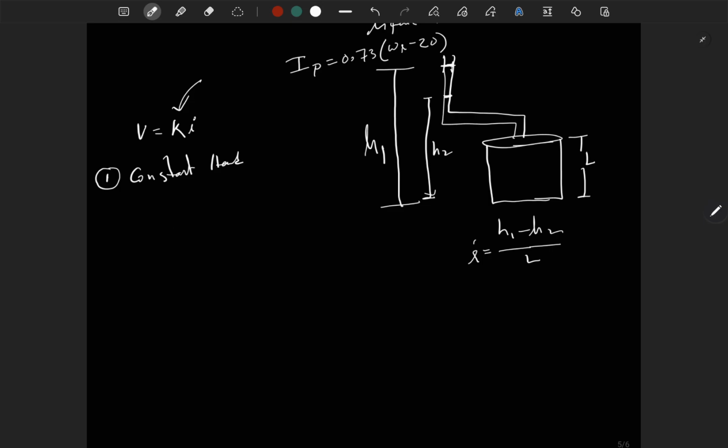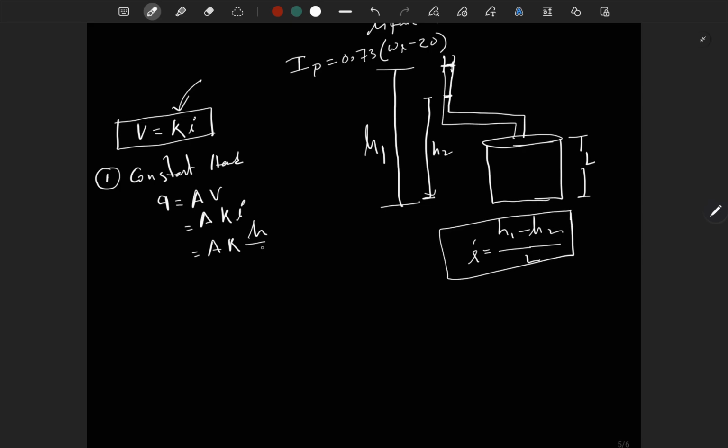In this test, if you consider the similar soil sample, we know discharge of water Q equal to A into V, and from Darcy's law we know velocity V equal to Ki, so Q equals A Ki, and i means H divided by L, we already know. Then find out the value of K. K is equal to what?